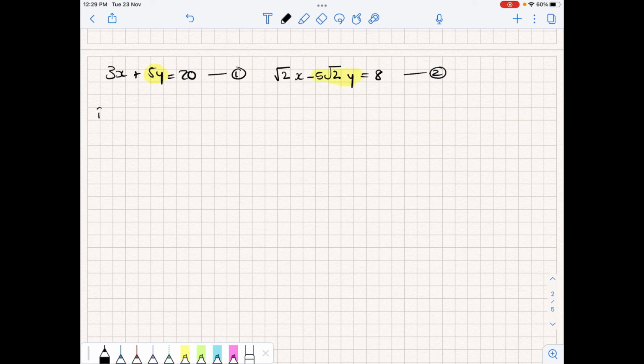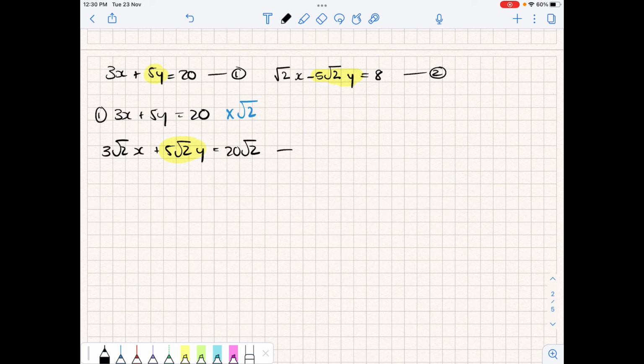So if I take equation 1 and I multiply the whole thing by the square root of 2, every term in the equation by square root of 2, we'll get 3 square root of 2x plus 5 square root of 2y equal to 20 square root of 2.